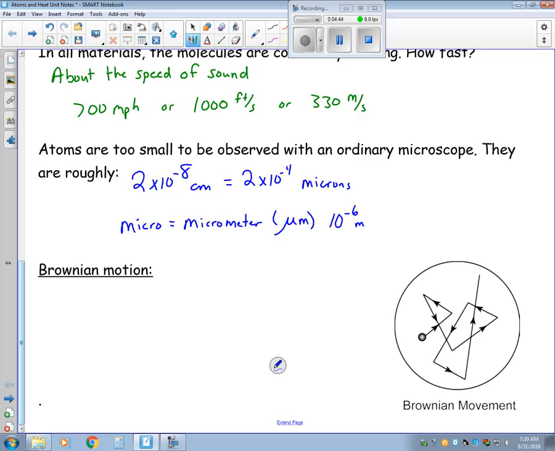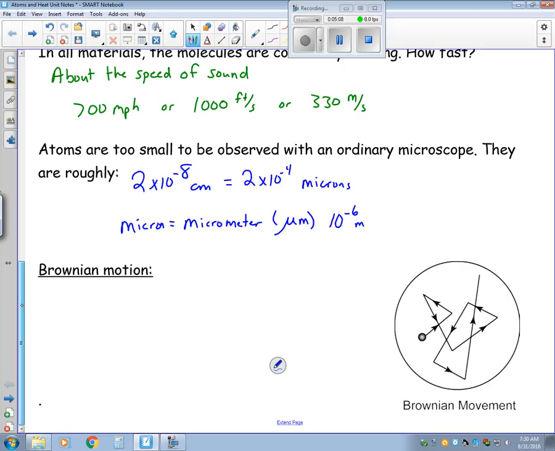So you can take a look at going from centimeters to micrometers, and it would go from negative 8 up to negative 4. But whenever you see the word micron, I spelled it there, a micron is the same thing as a micrometer.